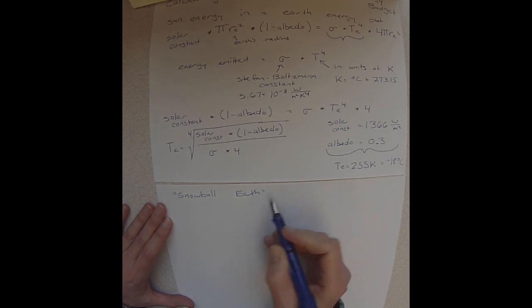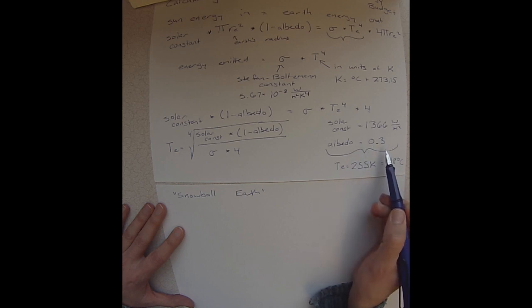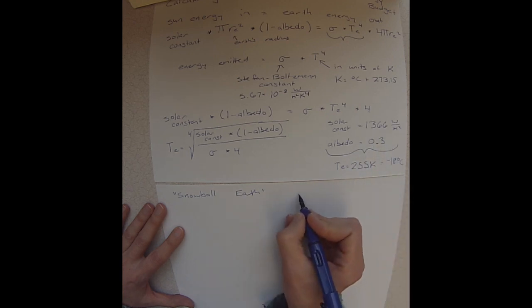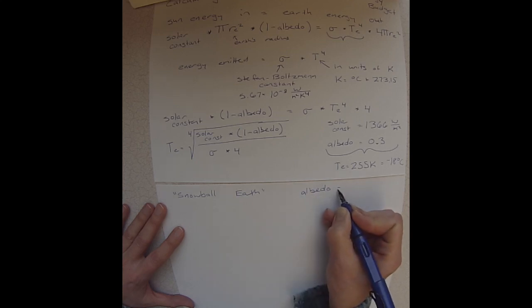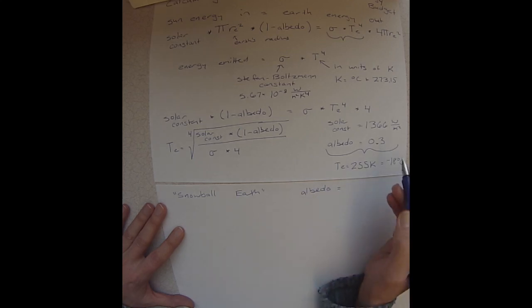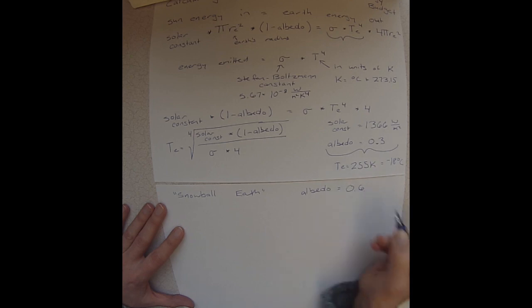And that even the oceans were covered with a thick layer of ice. And at that time, we would have expected the albedo to be quite a bit higher. So let's do a calculation with a higher albedo to demonstrate. Let's suppose the albedo is twice what it is at present. We'll try an example with an albedo equal to 0.6.